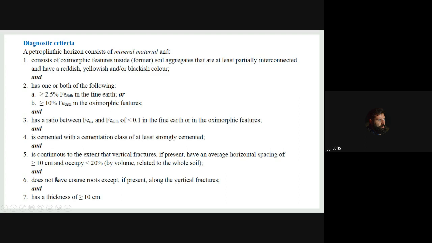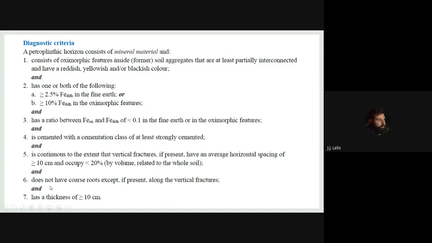So the petroplinthic horizon is a layer, a horizon that is very hard to use because it avoids root growth, it avoids the migration of water, and it has a thickness of at least 10 centimeters.